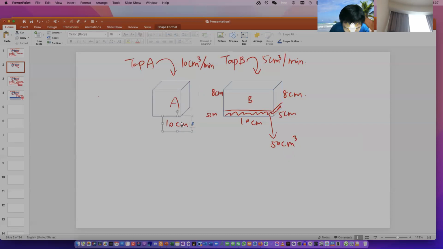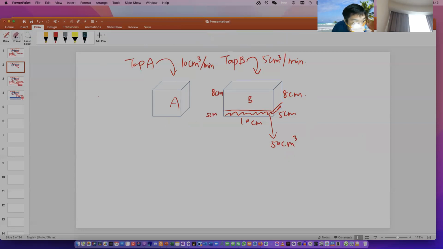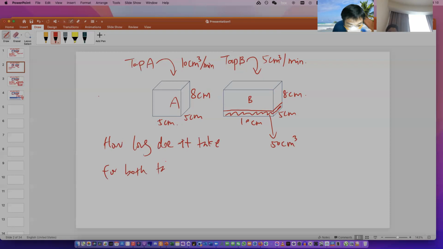So 8 cm, 5 cm. This is 5 cm. Now the question is the same: how long does it take for both tanks to reach the same height?